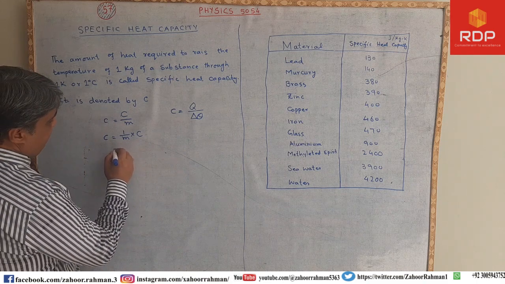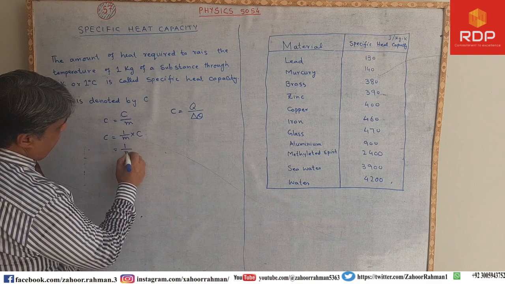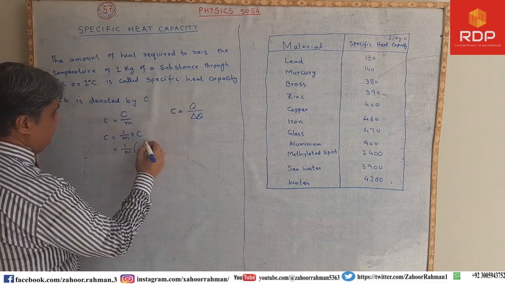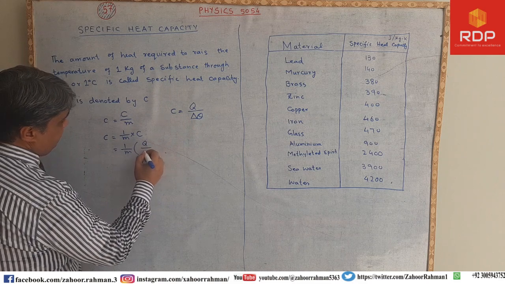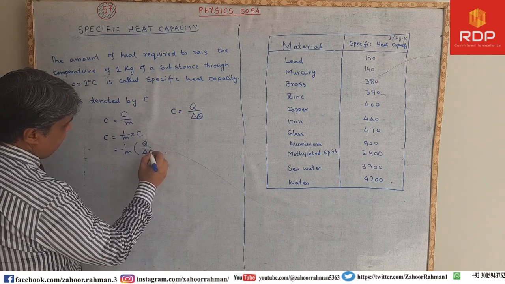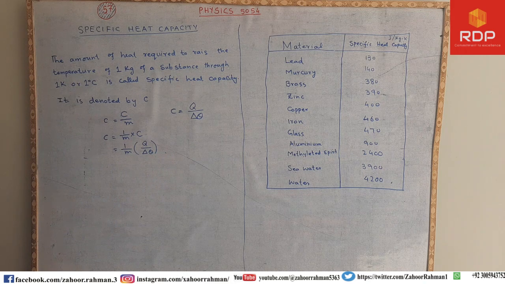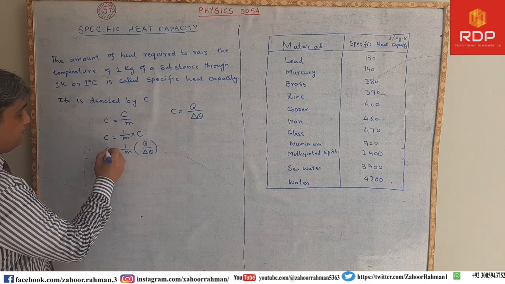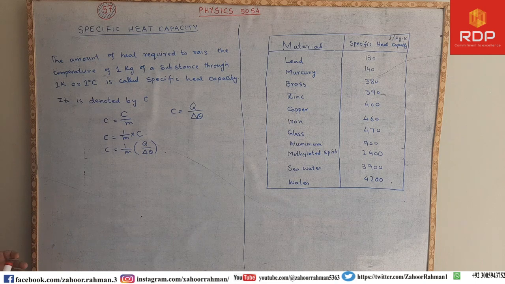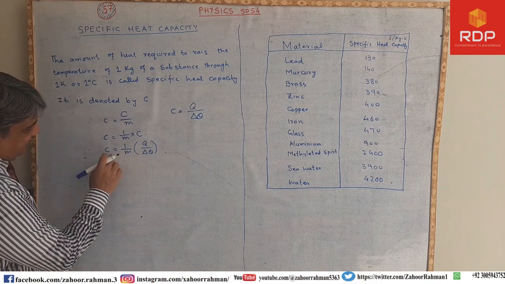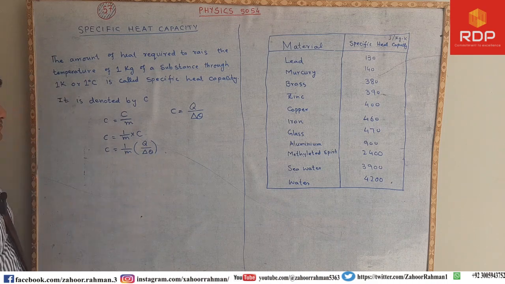Now we are putting the value of this C, which is Q divided by delta theta. So this is also the definition of specific heat. In one context, it can be written like this.